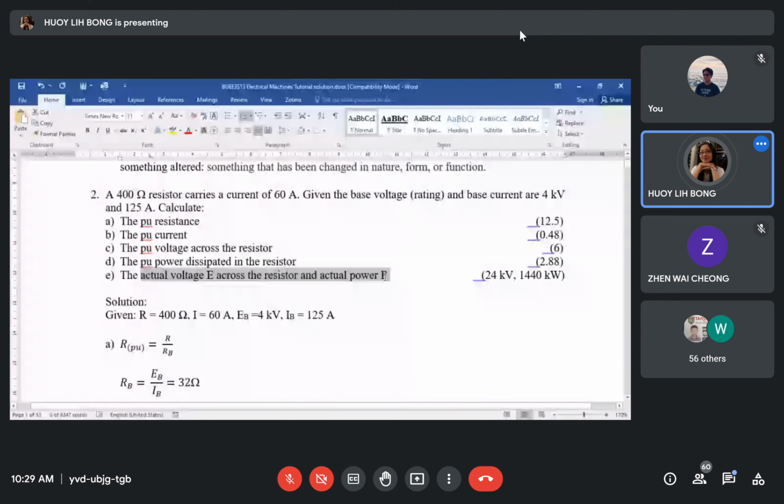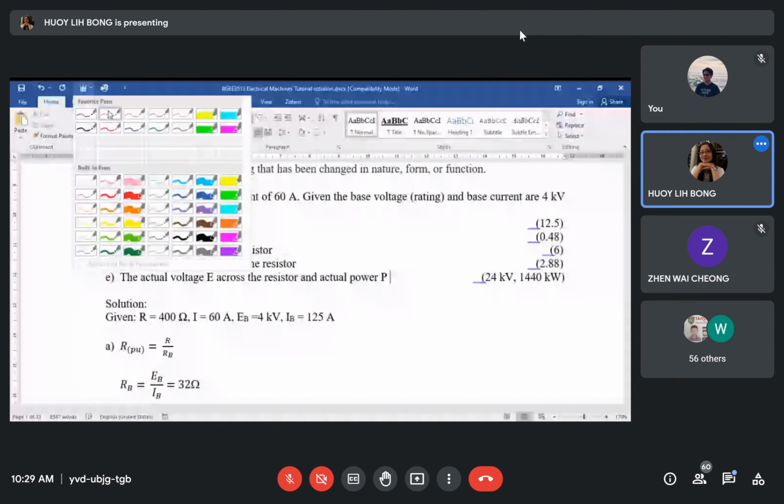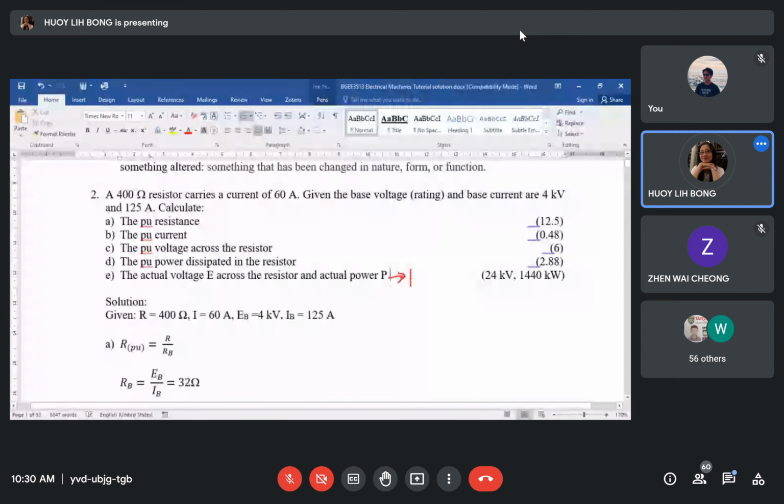If I want to find actual, just multiply the per unit with base for this one. I need the actual value. Then if I have the base value, I want to find the actual value, I just need the base value times the per unit to get the actual value.